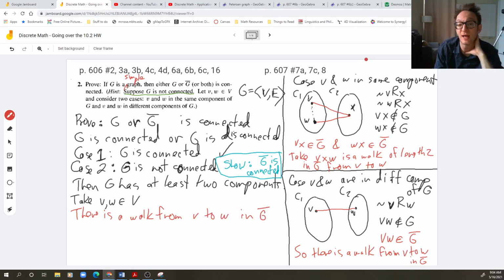That walk is either of length 2 if V and W are in the same component, or of length 1 if V and W are in separate components. So by the definition, G complement is connected. All right, that was like 15 minutes instead of what should have been 5 minutes, but I guess I got the job done.